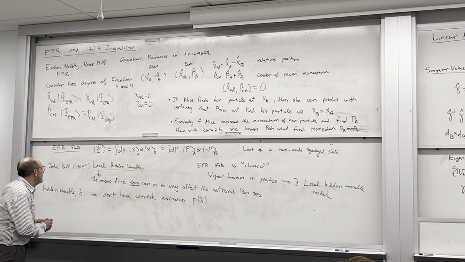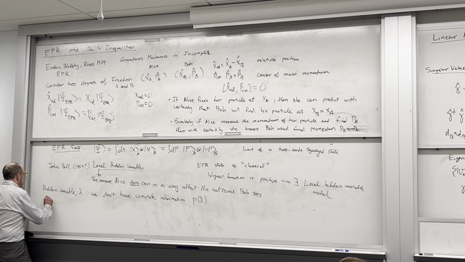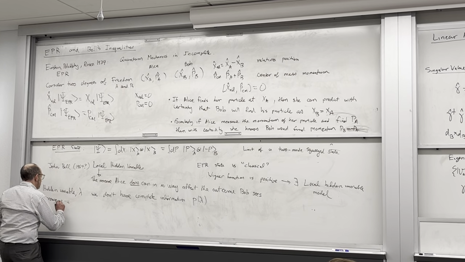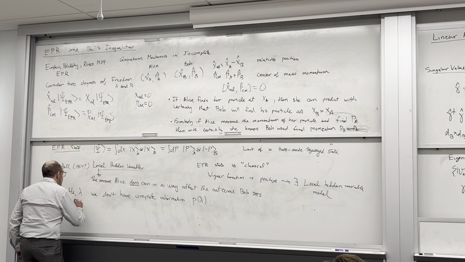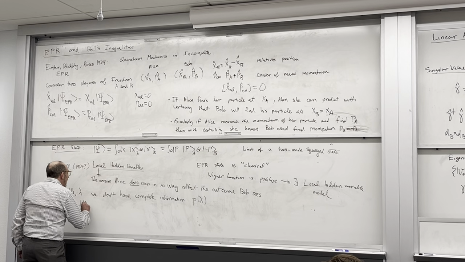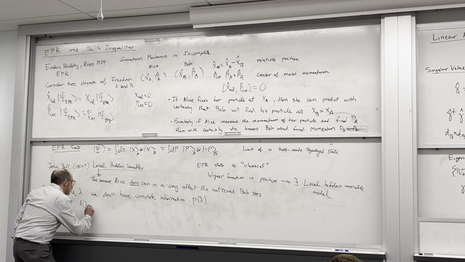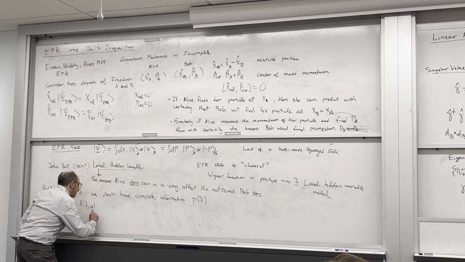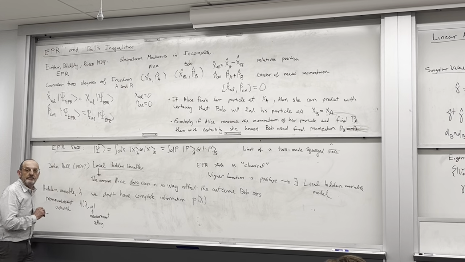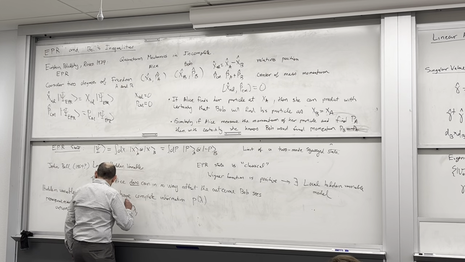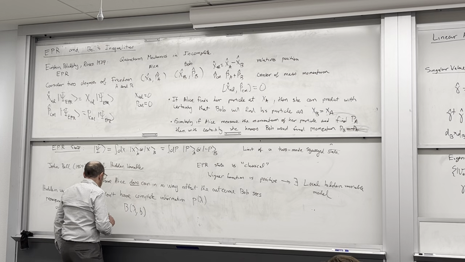The fact that it's a local hidden variable means that the measurement outcome that Alice sees depends on lambda, but we don't have lambda, and her measurement setting, what she chooses to measure. Bob's measurement outcome depends on the same hidden variable and his measurement setting.